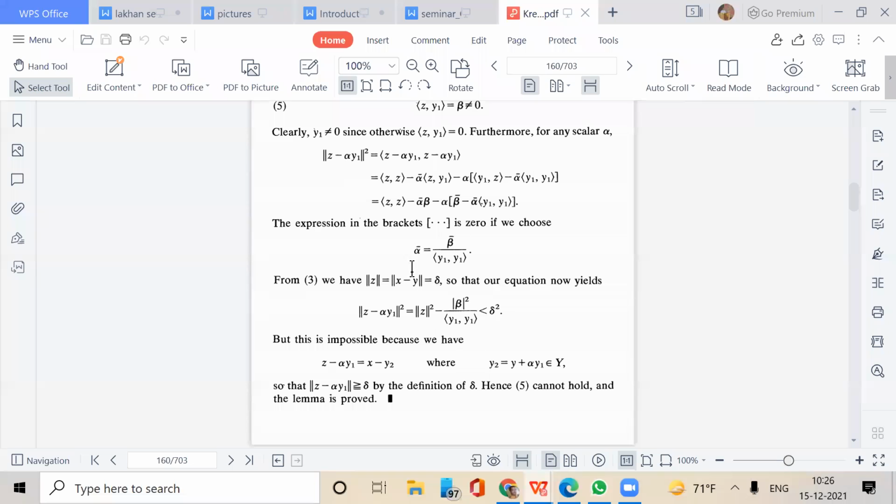We have chosen alpha bar is equal to beta bar upon inner product y1 comma y1. In second term also we have to put this value. So it becomes beta into beta bar upon inner product y1 comma y1. But beta into beta bar is equal to mod of beta whole square.